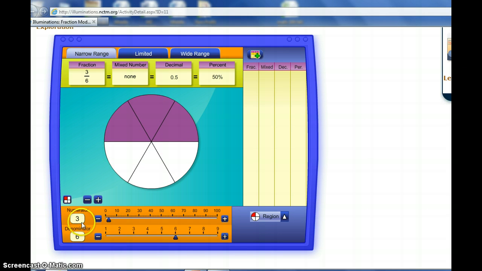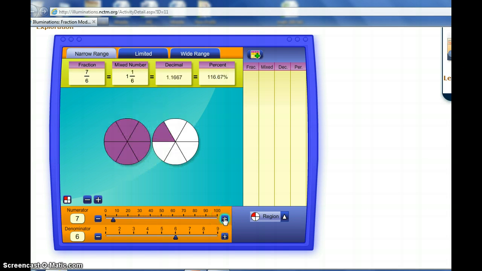So this time let's change the numerator. So let's say now we go to 4/6, and then I'll just click here, 5/6, and then 6/6, and you can see that 6/6 is equal to 1 whole. And the neat thing about this is if you keep going, you're going to have to show more than 1 whole, which is really nice.